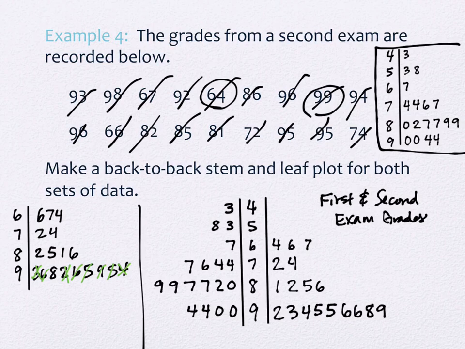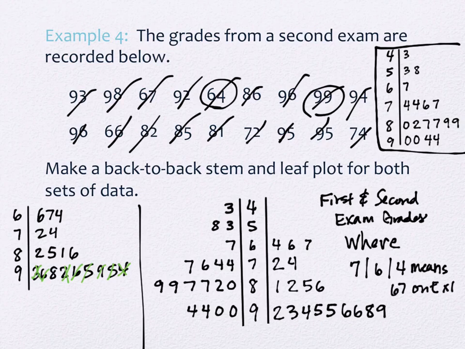So I kind of want to take something that has a number on the left and on the right. So I'm just going to go to the first place that happens, which is this row with the 60s. Okay? So it has a 7 on the left, a 6 in the middle, and a 4 on the right. And I'm going to write down what this means. Where this means 67 on exam 1 and 64 on exam 2.